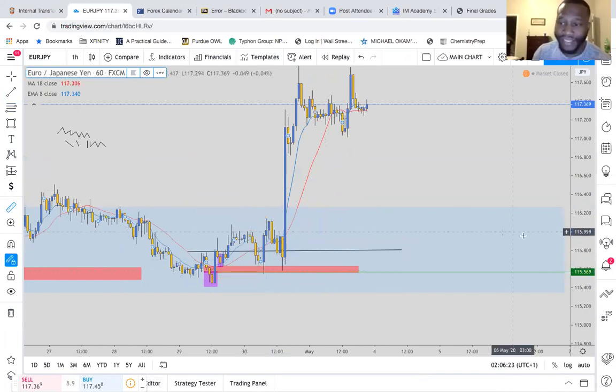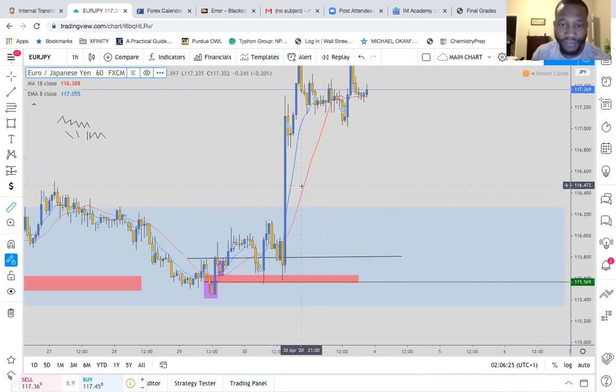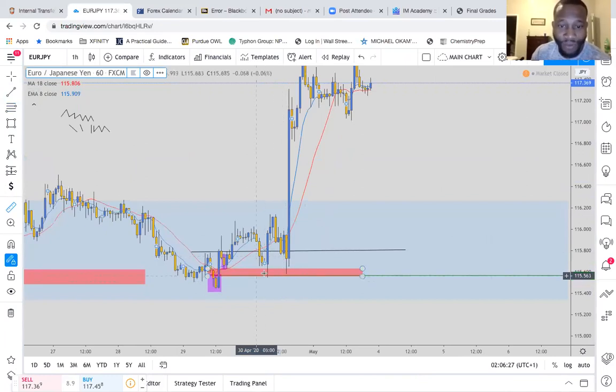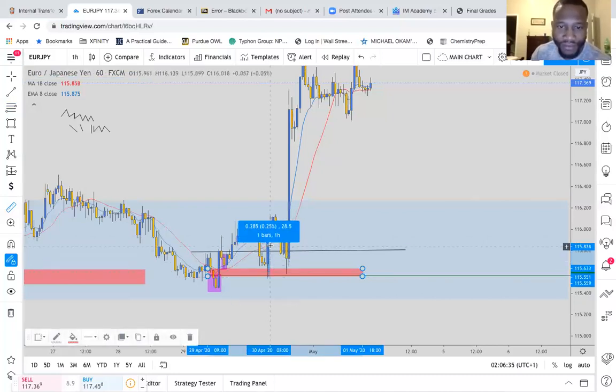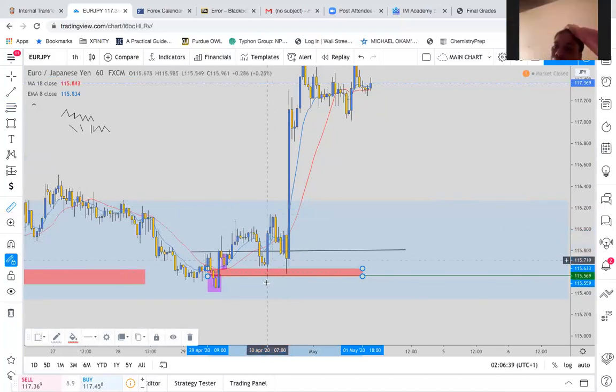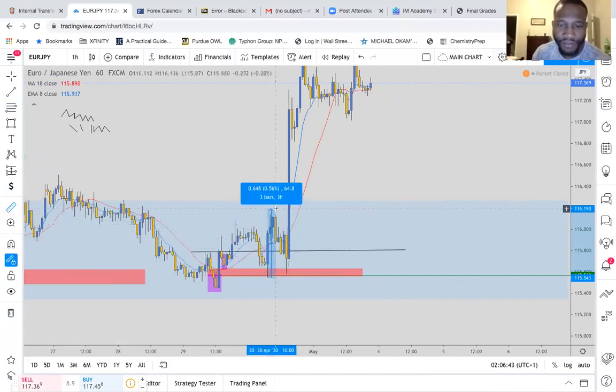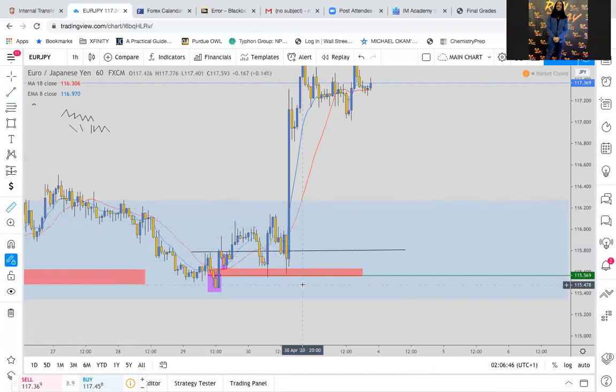So when this candle got here, do you think I entered this trade right here? When price got to my entry zone, do y'all think I entered right here? I would say yes. Why?